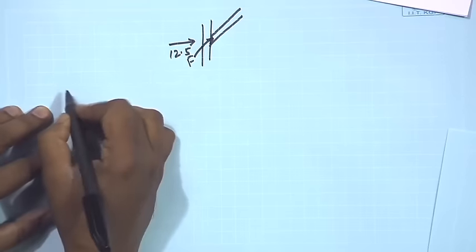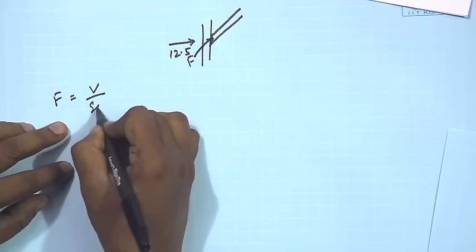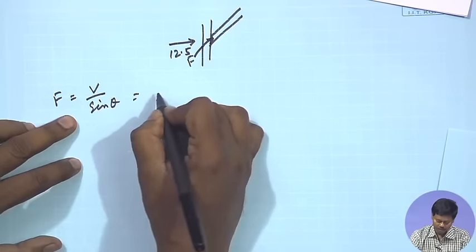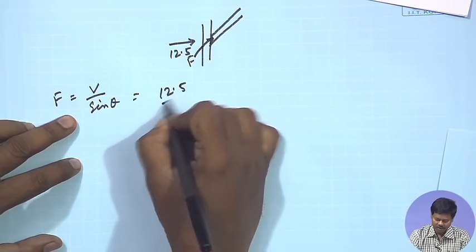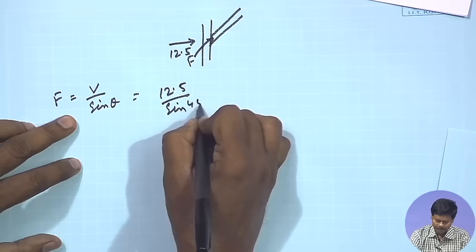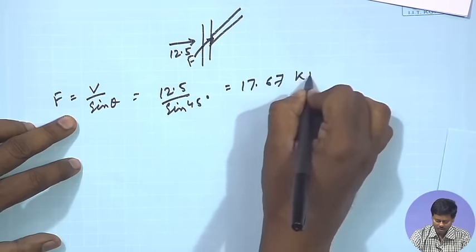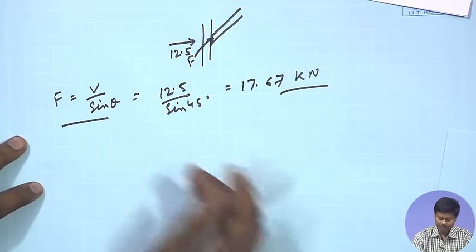So this we can find out as V by sin theta, right. So V we got 12.5 by sin theta, sin 45 degree. So this is coming 17.67 kilonewton. So compressive force in lacing bar we can find out this.